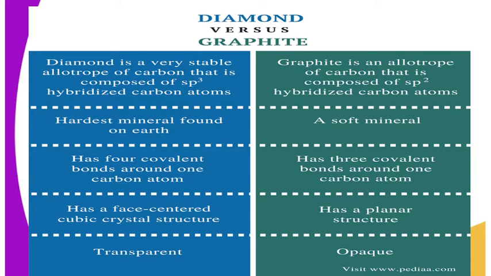Graphite is a black, soft, slippery solid. Graphite is made up of hexagonally arranged carbon atoms, and it has a density of 2.3 grams per cubic centimeter. The reason why it is slippery is that between each layer of carbon atoms there are weak van der Waals forces, which make graphite slippery.